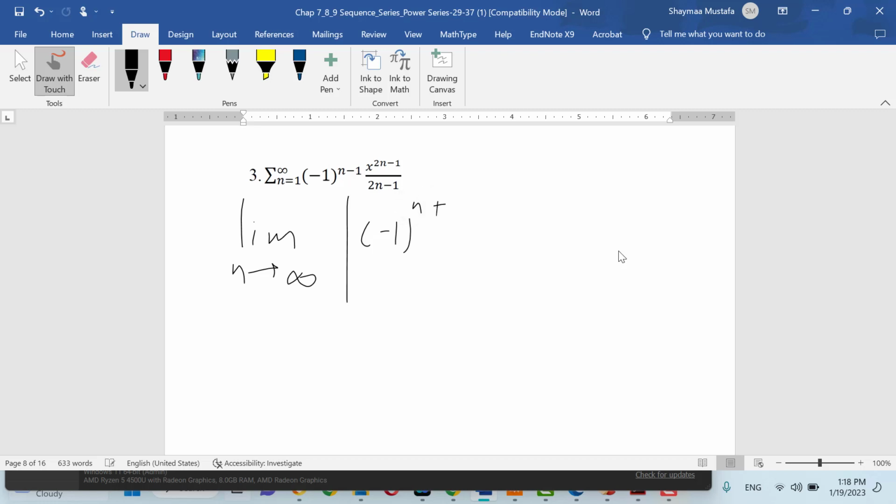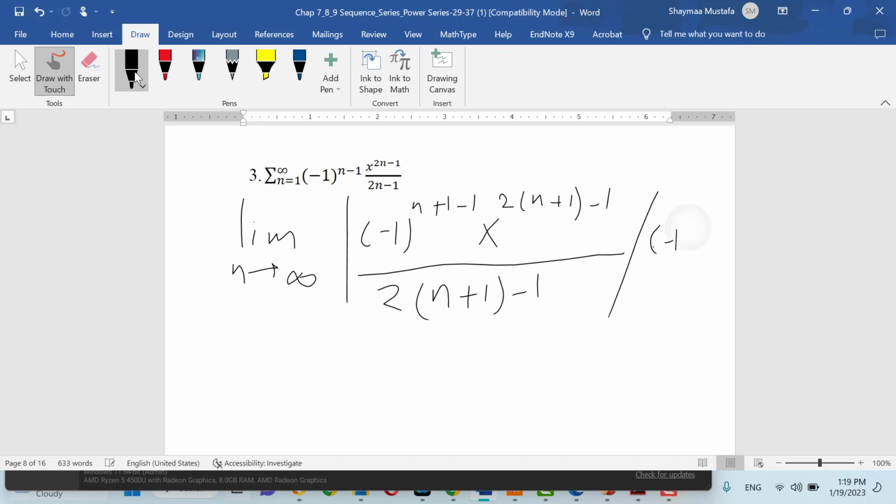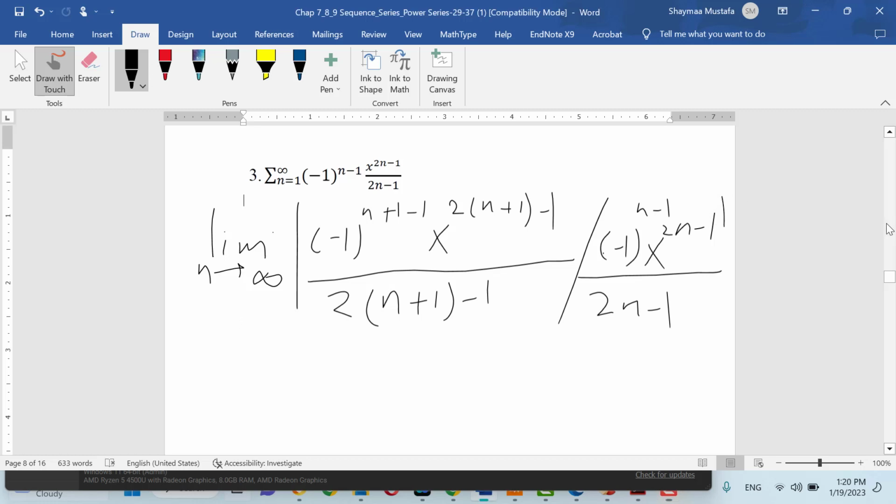So minus 1 to the power n plus 1 minus 1, x to the power 2 times n plus 1 minus 1, over 2 times n plus 1 minus 1, divided by minus 1 to the power n minus 1, x to the power 2n minus 1 over 2n minus 1.